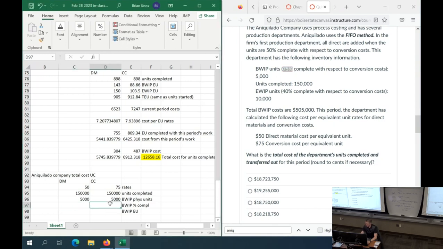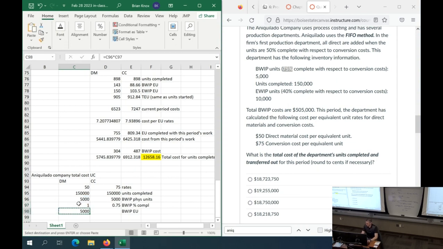So put 0.75 here. And another dumping problem, all direct materials are added when the units are 50% complete with respect to conversion costs. So we've passed that 50% threshold because we're at 75% complete, at least the beginning WIP units have. And so we have all direct materials in, meaning 100% complete.